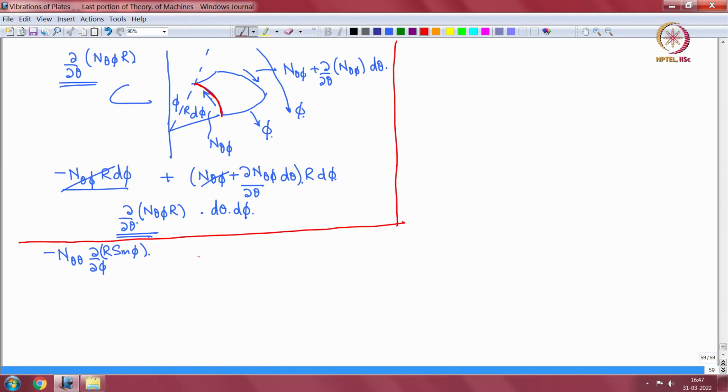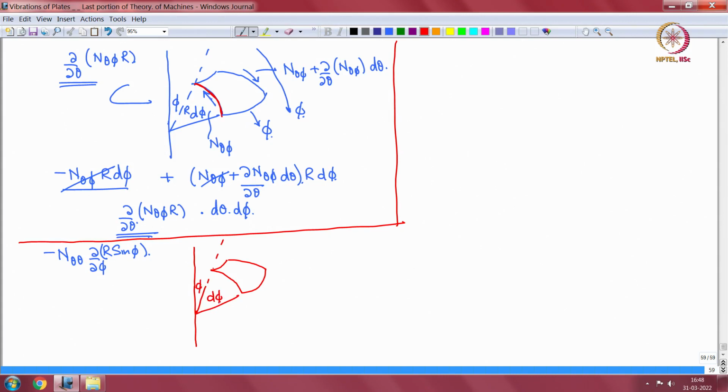So now let me again draw the element. This is my phi, this is d phi.